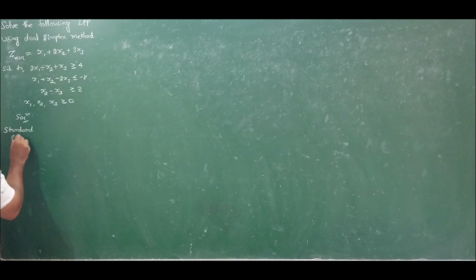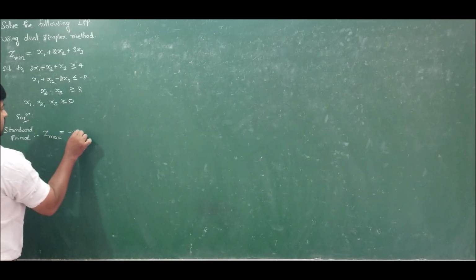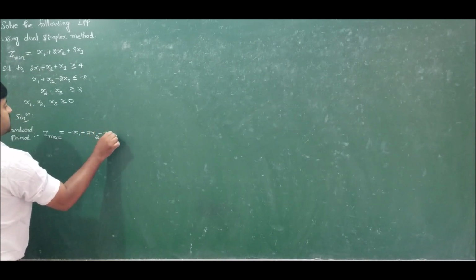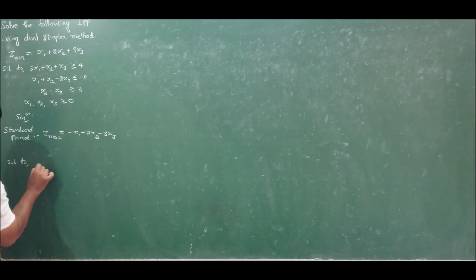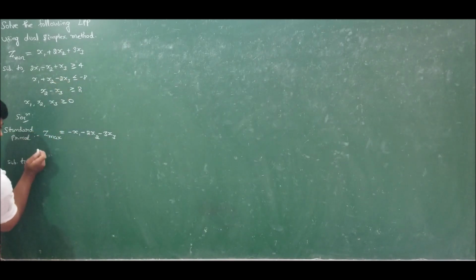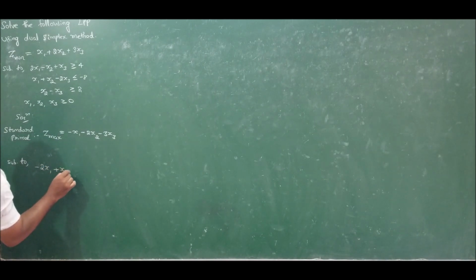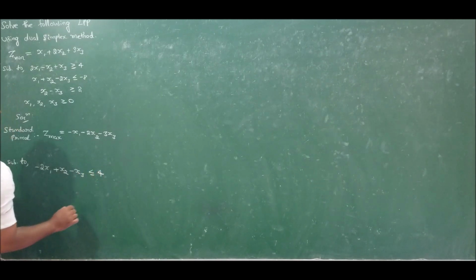So the standard primal will become what? Z max is equal to minus x1 minus 2x2 minus 3x3. Correct? So this is subjected to the constraints. We have greater than or equal to sign, hence multiply by negative, it will become minus 2x1 plus x2 minus x3 less than or equal to minus 4.